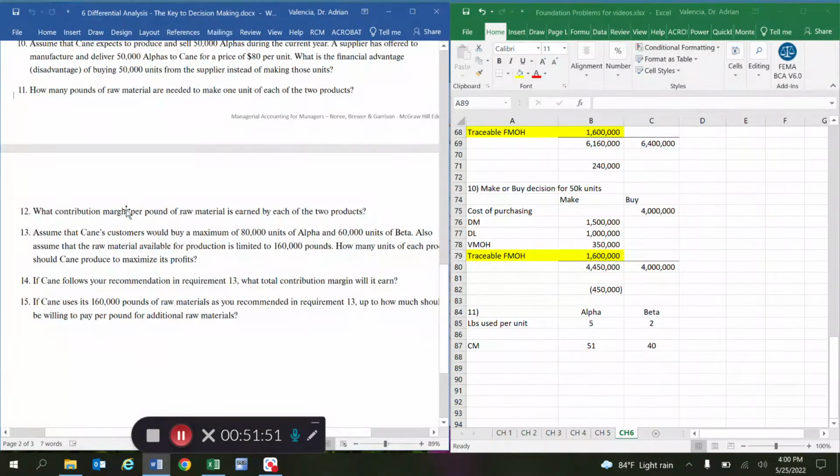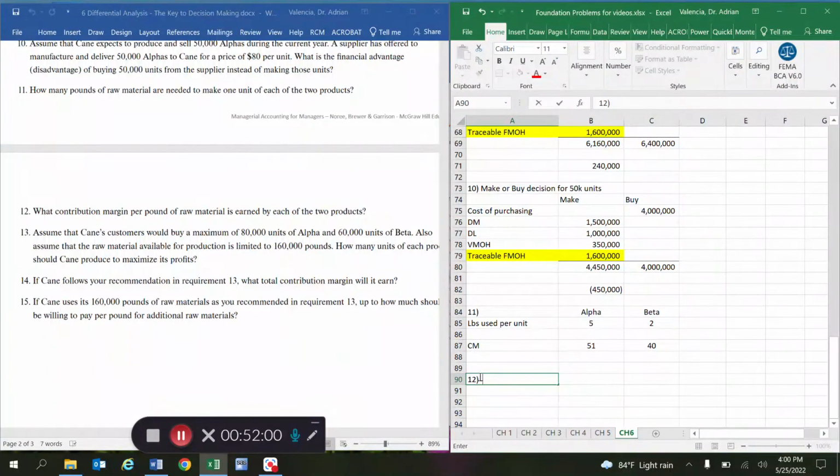It says, what is the contribution margin per pound of raw material? There we go. So that's what we were headed to. So 12 is asking for the contribution margin, not per unit, but per pound of material. We know what the contribution margin per unit is. That's 51.